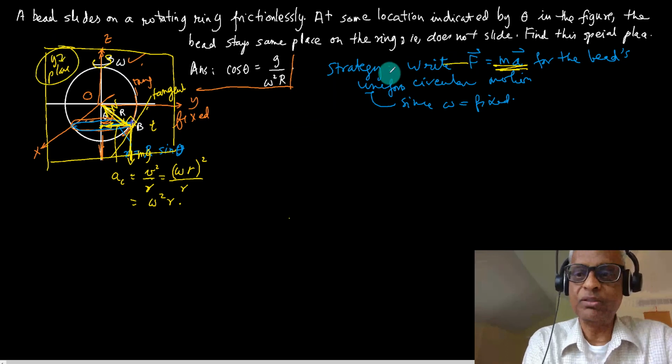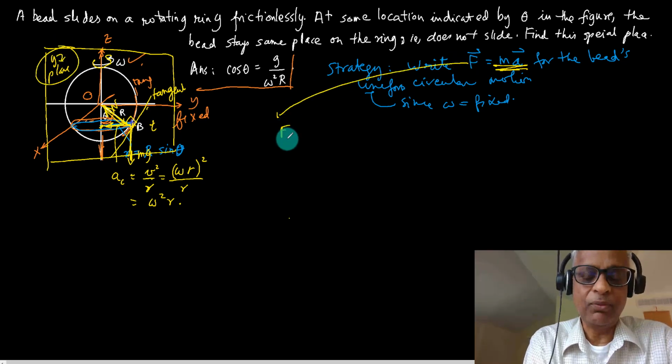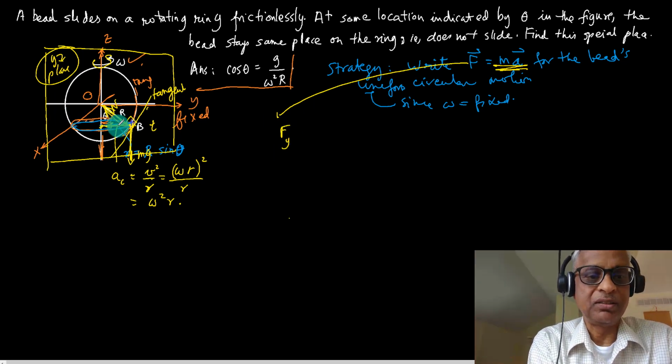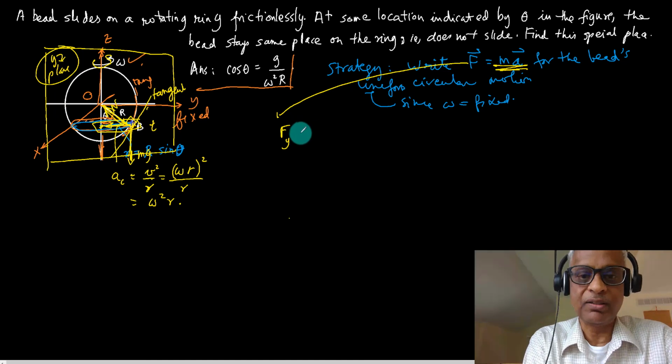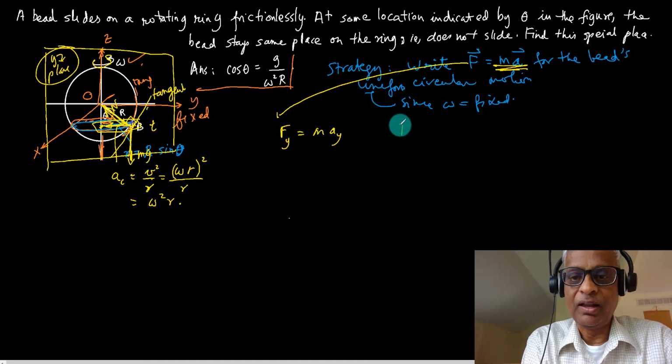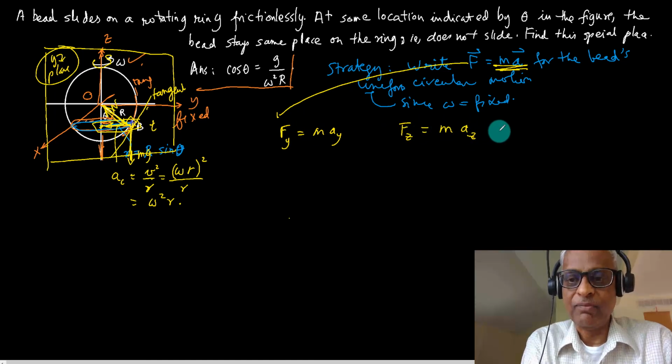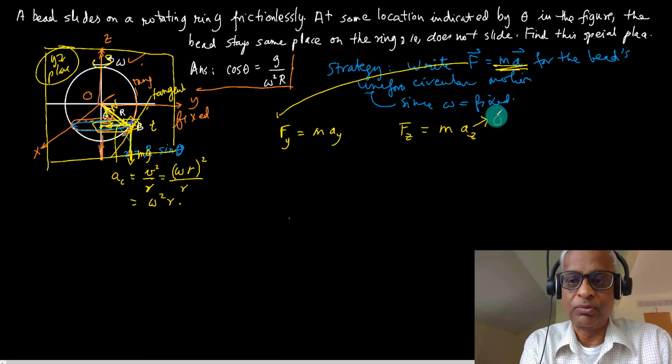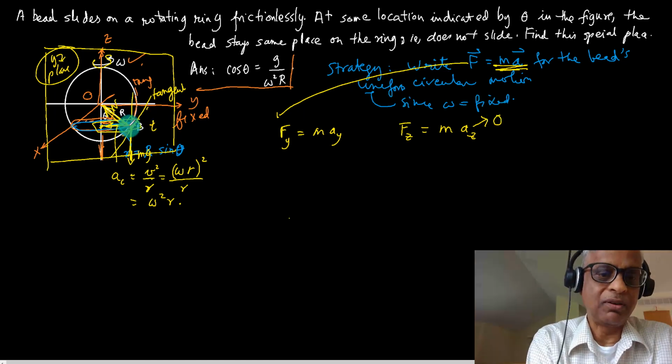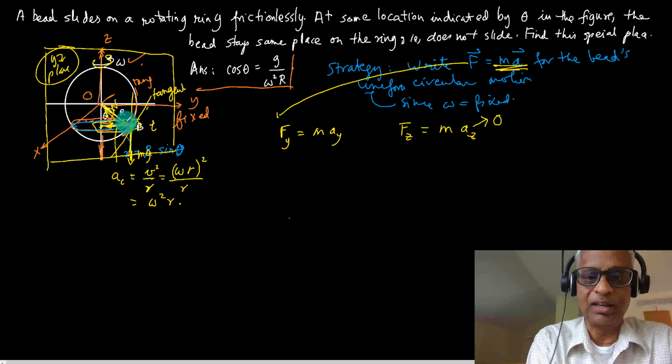So this equation becomes Fy equals m ay and Fz equals m az, and az is 0 because all the acceleration at this point is pointed towards the negative y-axis.